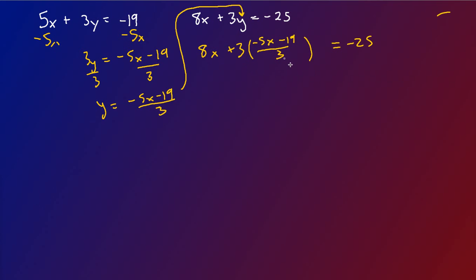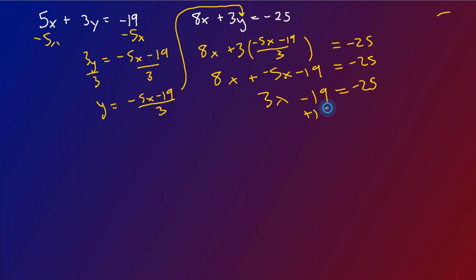Now, in this case, the 3's are going to cancel out really nicely. So I get 8x, the 3 cancels, so plus negative 5x minus 19 equals negative 25. And I get 3x right here, minus 19 equals negative 25.